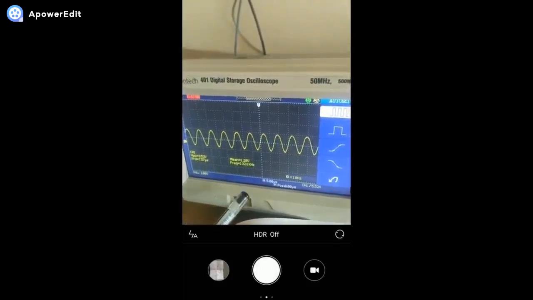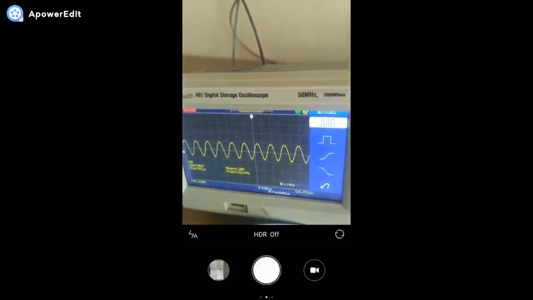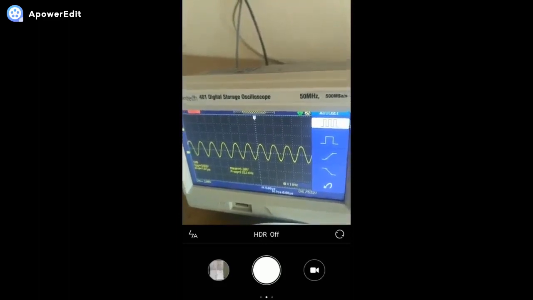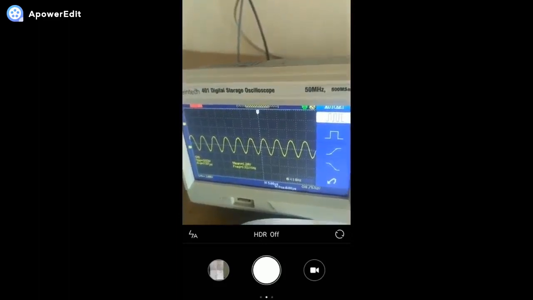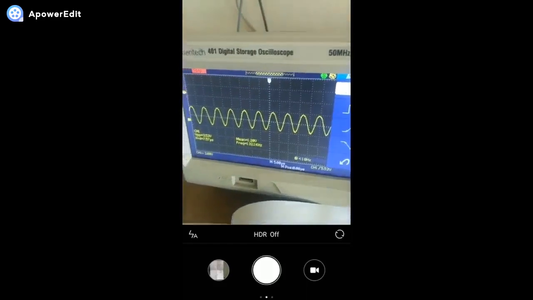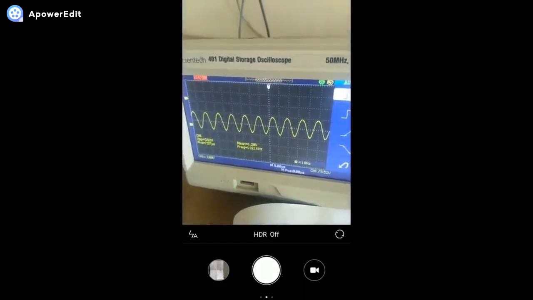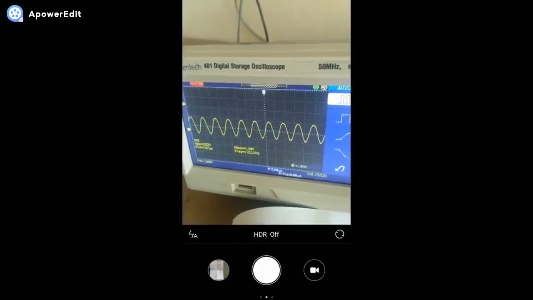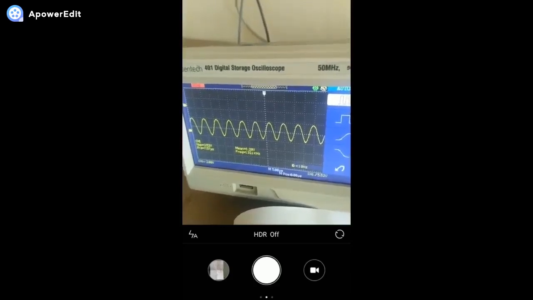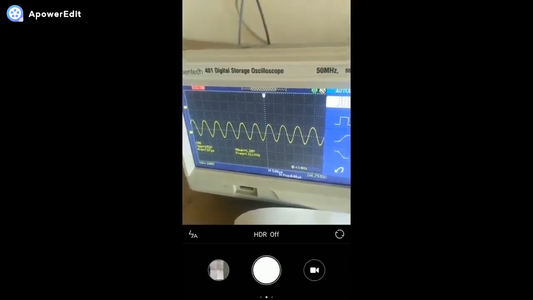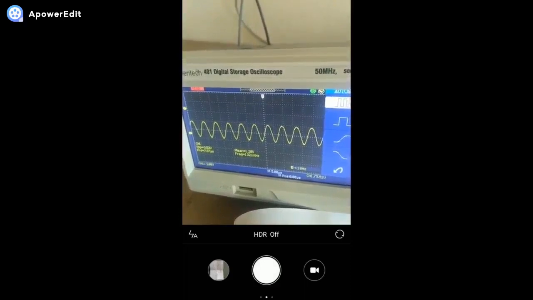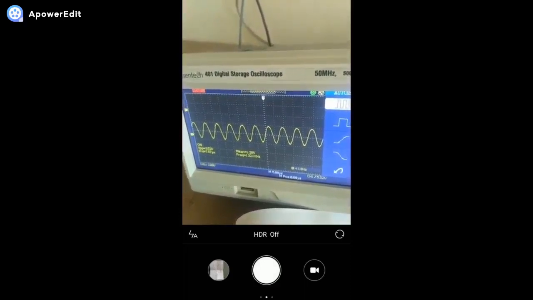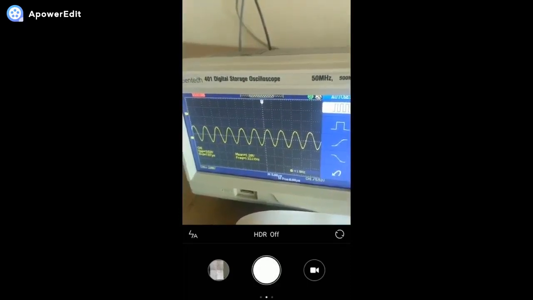But in the design, when you are designing the coupling capacitors CC1, CC2 and the emitter bypass capacitor, at that time we consider the lower cutoff frequency as 100 kilohertz, and that 100 kilohertz we consider as the theoretical value of the Colpitts oscillator frequency.